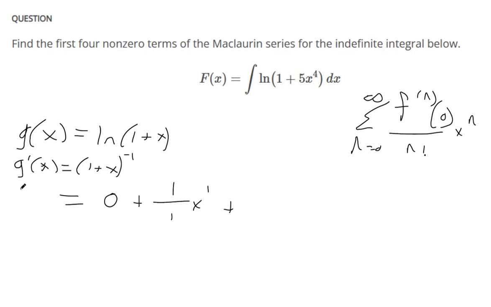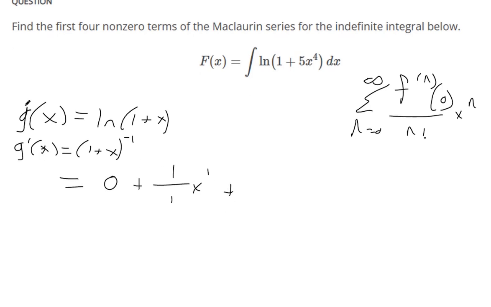And so the second derivative: the negative 1 comes down, now it's the negative second, and the chain rule just means times 1, so we're all set there. So it's plus, if I plug in 0 into the second derivative, 1 to the negative second is 1, so that's negative 1 over 2 factorial, x to the second.